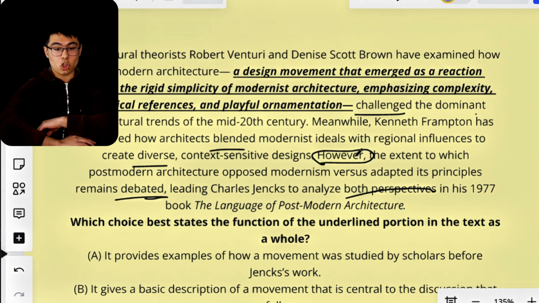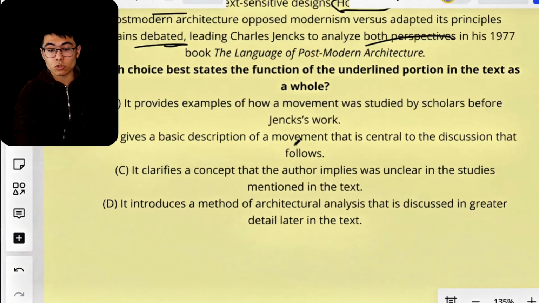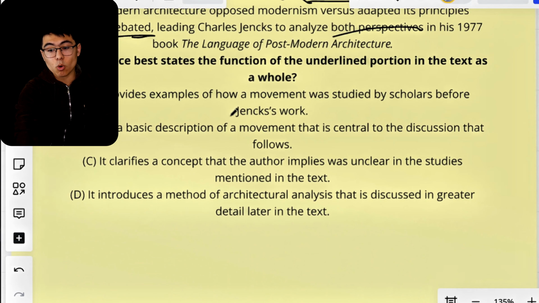It says there is an ongoing debate about its relationship to modernism. So now we can move on to answer choices. Choice A, it provides examples of how a movement was studied by scholars before that person's work. Well, the underlined portion doesn't even mention previous studies. So that's why we can eliminate choice A.